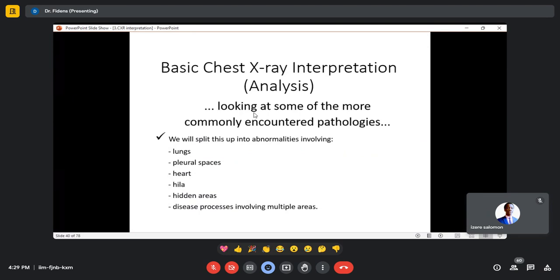You have discussed the technique, how we approach the chest X-ray, in terms of three steps: identification, technical qualities, and interpretation and analysis. See? Yes. But I promised you that I will tell you the easiest way to look at the X-ray.